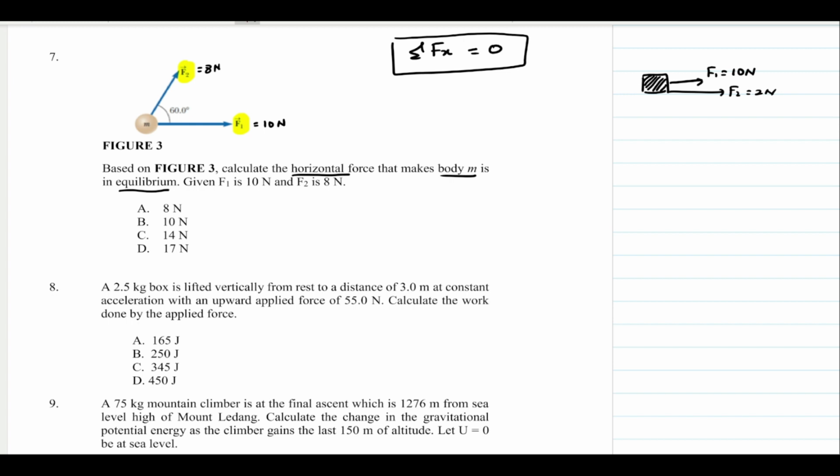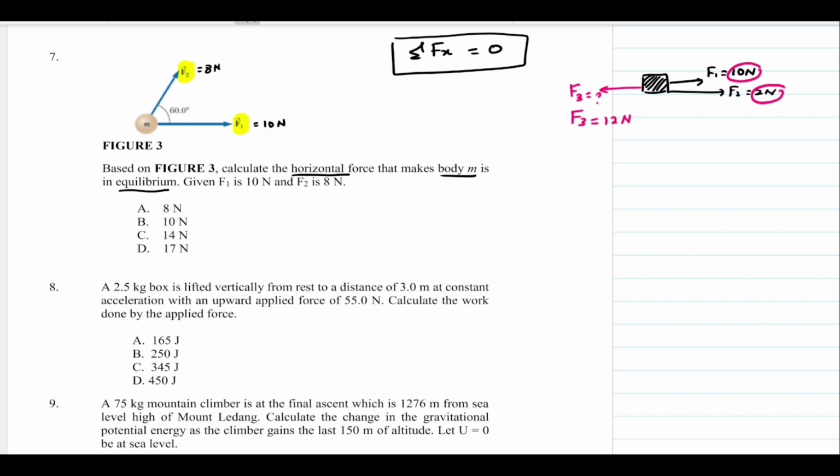Okey, sama ada static equilibrium, untuk kita jadikan dia total Fx dia kosong. Berapa force yang kita perlukan untuk student yang ketiga ni tarik? Jawapannya mudah sebab dia adalah tak ada angle, dia adalah one dimension saja, tak perlu nak resolve. Okay, so awak dah nampak dah 10 tambah 2, 12. So student yang ketiga ini memerlukan 12 Newton in order to make this box is in equilibrium.